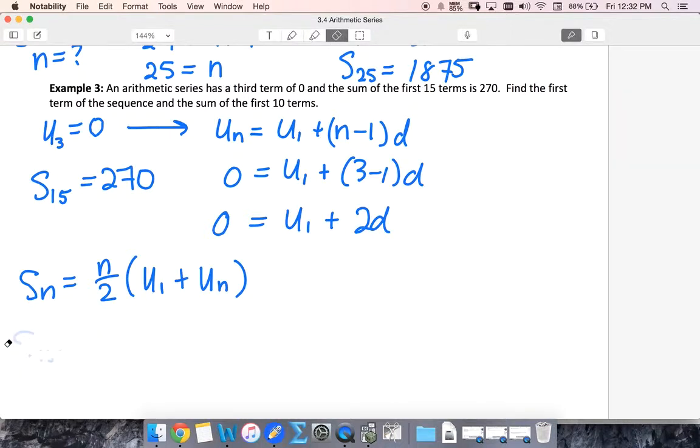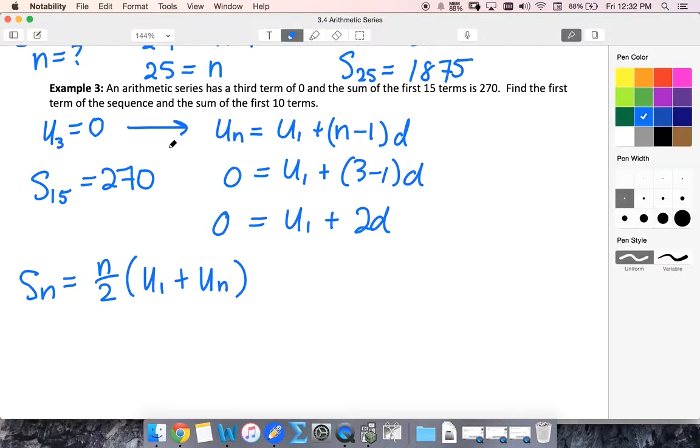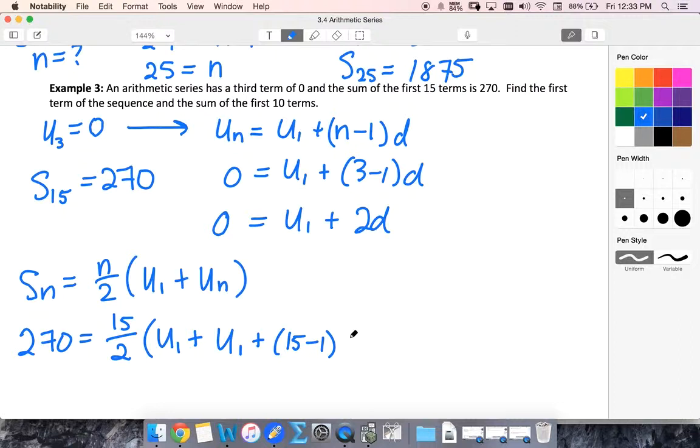My sum of 15 terms is actually 270, which is equal to 15 over 2 times U1 plus U15. I don't know U15 either, so I'm going to replace it with this formula: U1 plus 15 minus 1 times d.